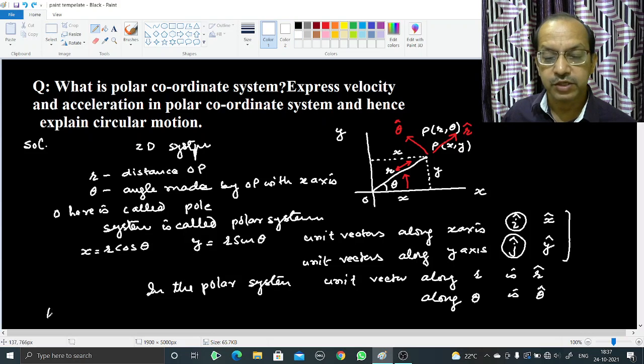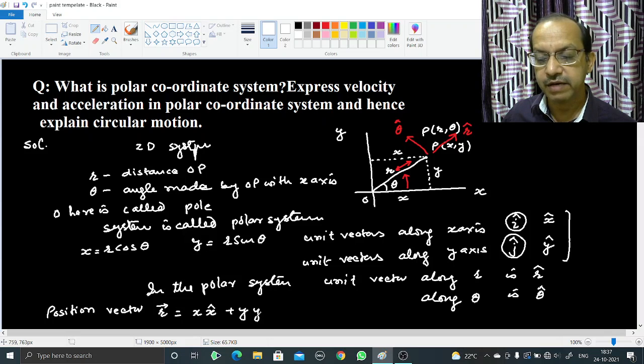Now we can write the position vector, or displacement vector, in terms of the Cartesian system. It is the x coordinate times the unit vector along the x-axis plus the y coordinate times the unit vector along the y-axis.